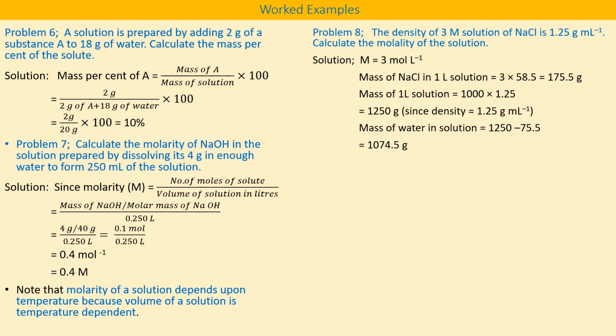Now we will recall that molality is equal to number of moles of solute divided by mass of solvent in kg. That becomes 3 mole divided by 1.0745 kg, that is equal to 2.79 m. That is, molality is small m.